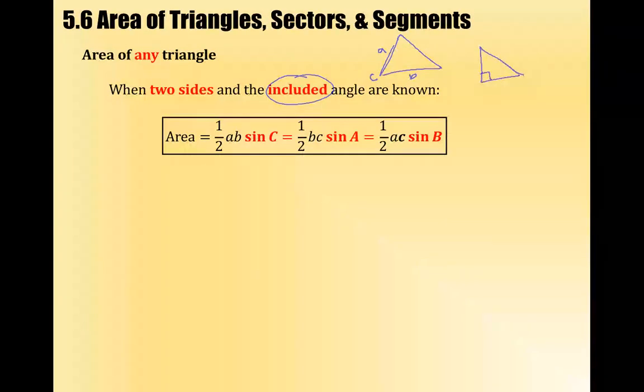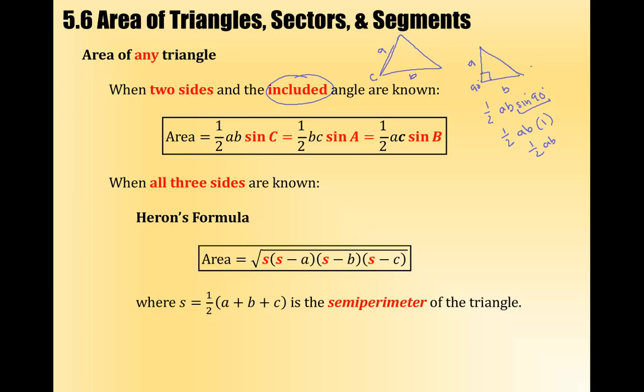But the included angle would be 90 degrees, right? So if I knew a and b, and I was going to find this, I would have 1/2 ab sine of 90. But oh my goodness, what's the sine of 90? We know that, and we know that's speedy. 1/2 ab times 1, so it's just 1/2 ab, right? So this is actually the same formula that you've been working with.